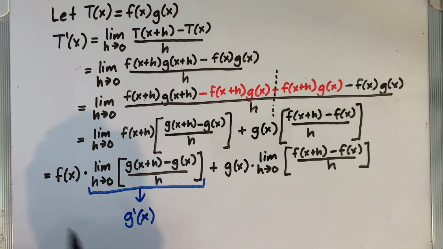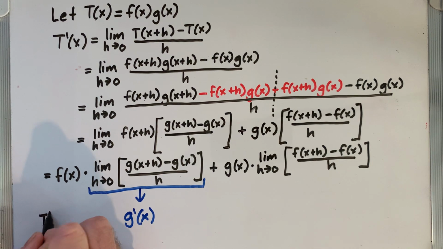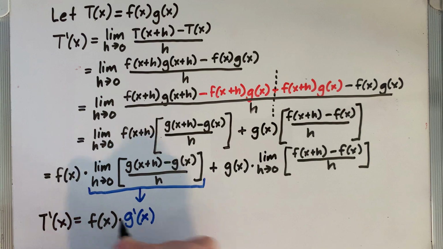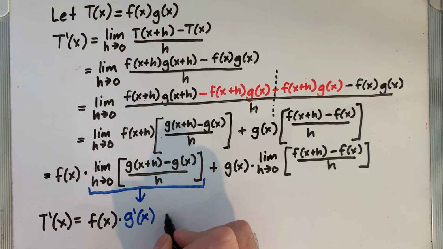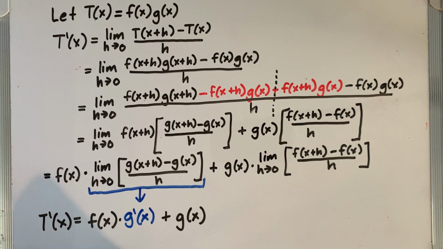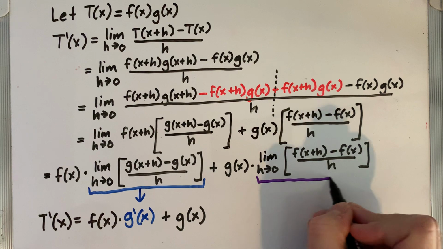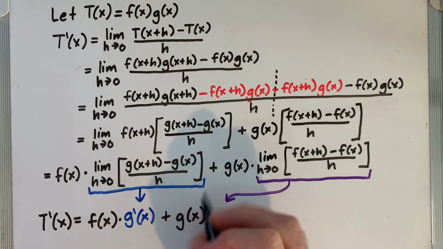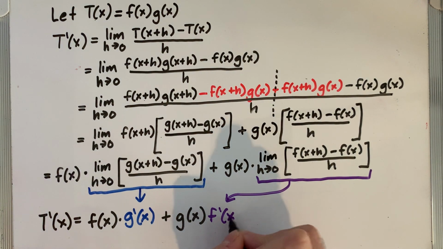So what I have in this first part here is I've got my t prime of x is equal to f of x times the g prime, which I'm getting out of this limit, plus g of x. And then the limit down here, the second limit, okay, this is just the derivative of f of x. Okay, so that's coming in here as f prime of x.